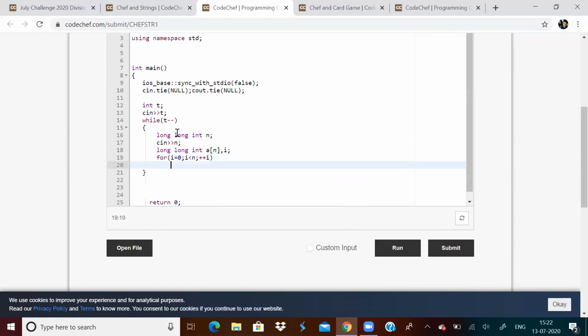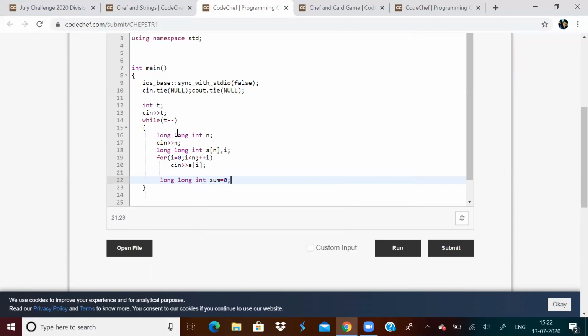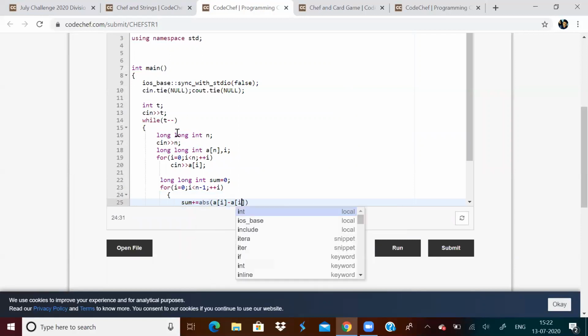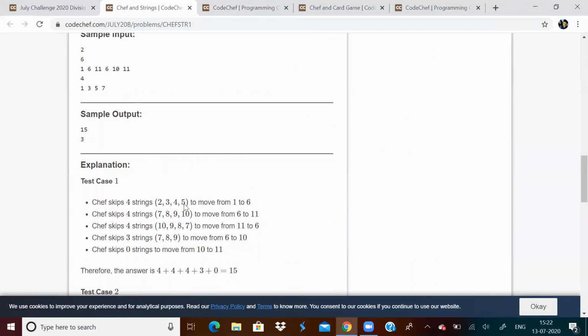I'm just inputting the array elements. I shall keep a sum variable, and I need to find the absolute difference of adjacent elements minus 1, because if I have to go from 1 to 6, I have to skip 2, 3, 4, 5, so 4 strings.